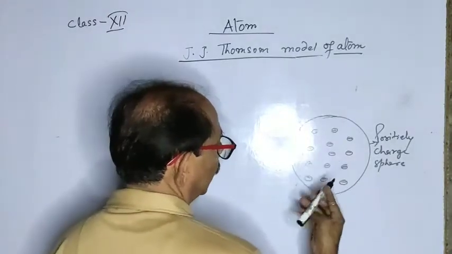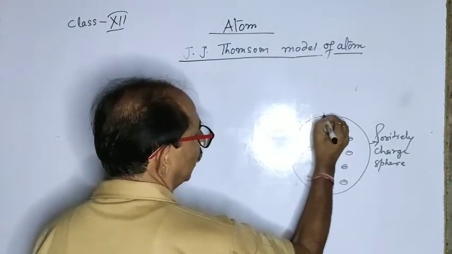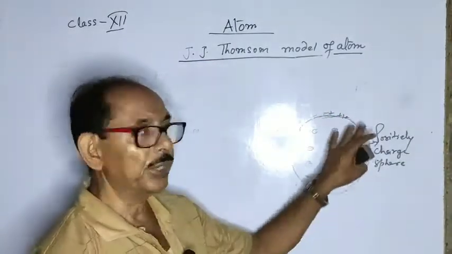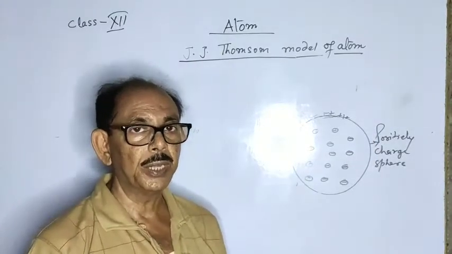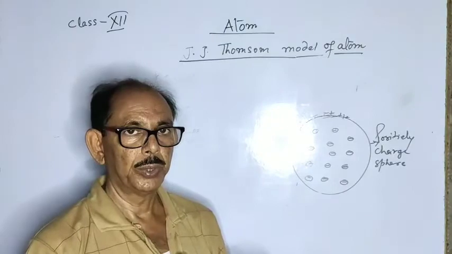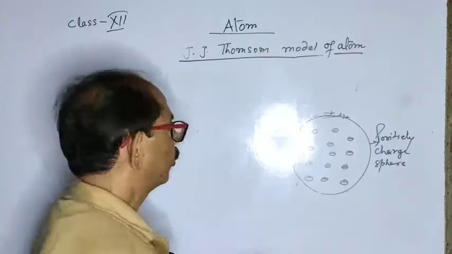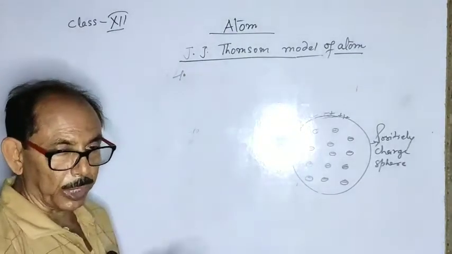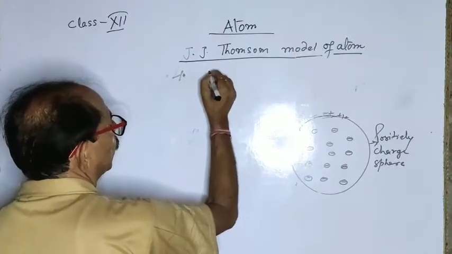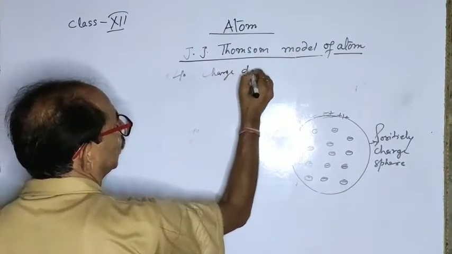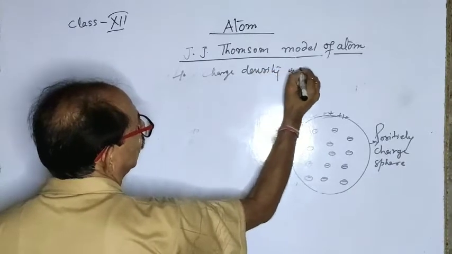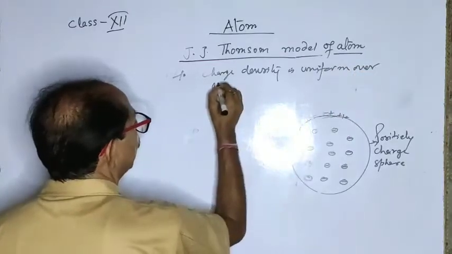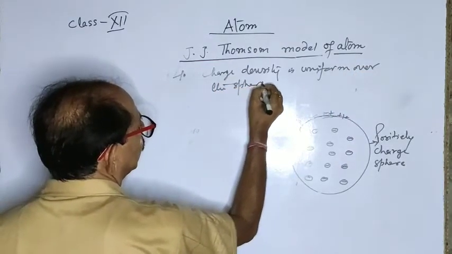This is the charge sphere. Is it clear? The charge density on the charge sphere is uniform. दूसरा, जो चौथा था, वह जो चार्ज डेंसिटी थी on the surface of a sphere is uniform. Is it clear?